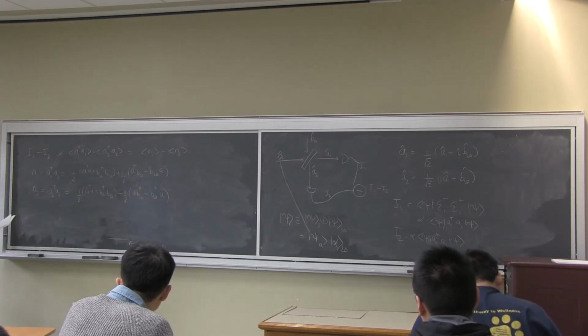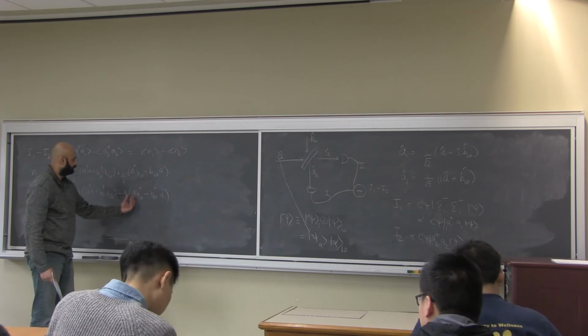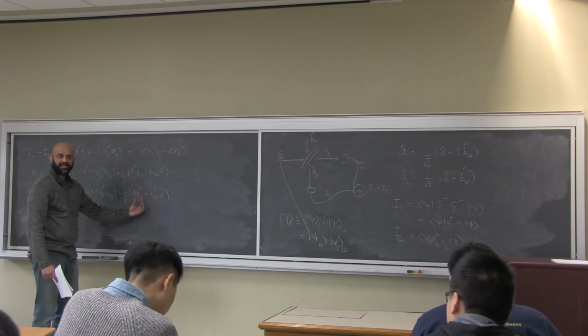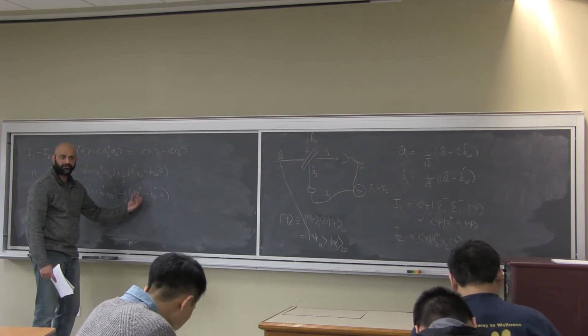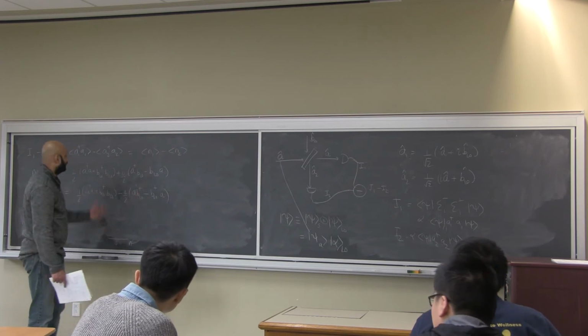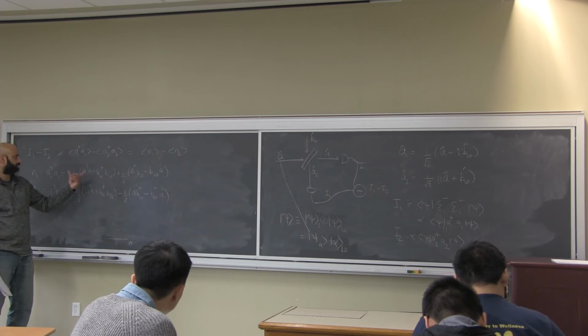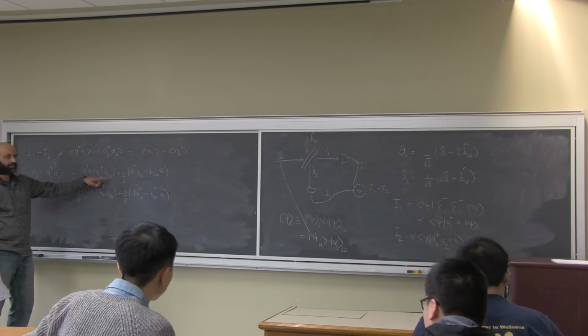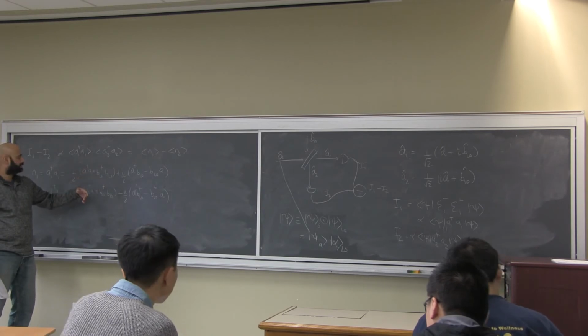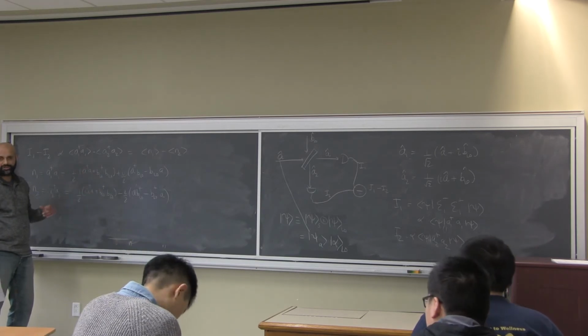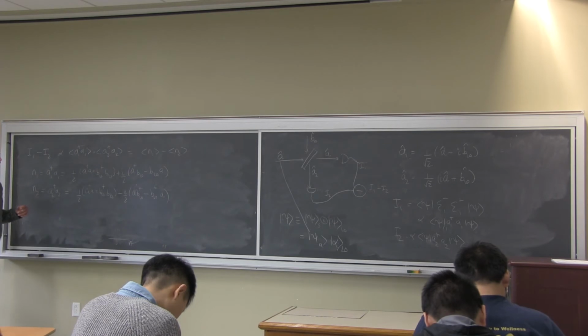So you see the mixing has happened. The mixing between A and B has happened in this term over here. But it is riding on top of this big giant thing, which is the number of photons in the local oscillator, and then of course the number of photons in the state psi that you want to analyze.